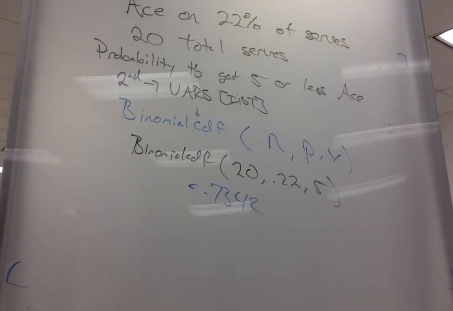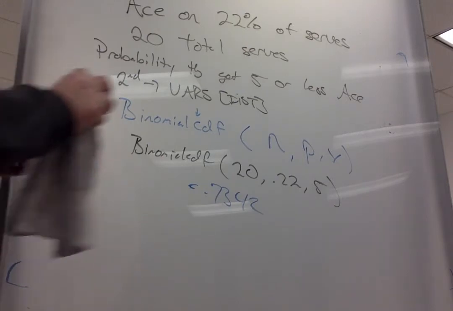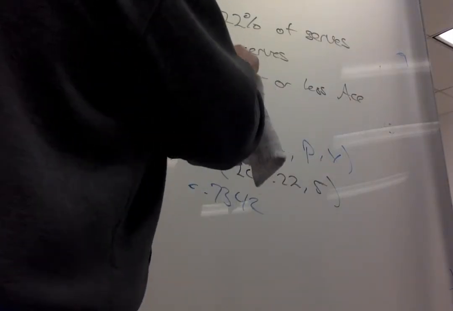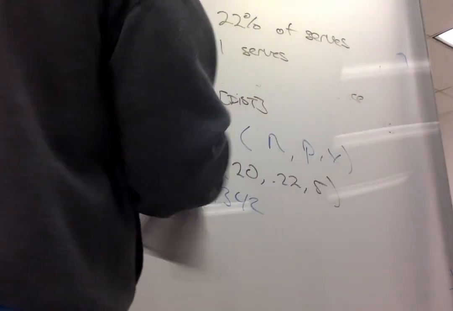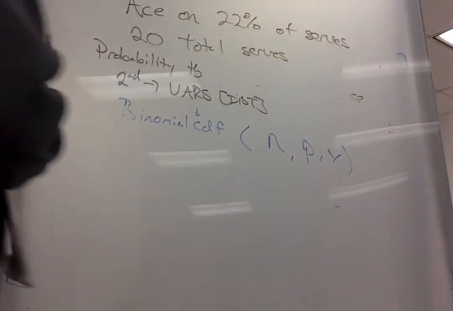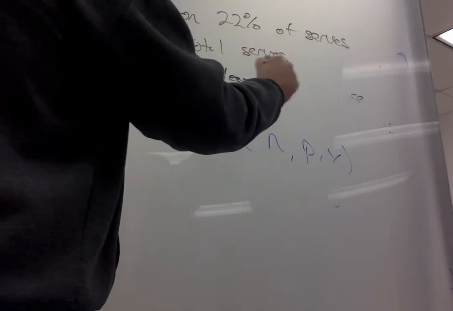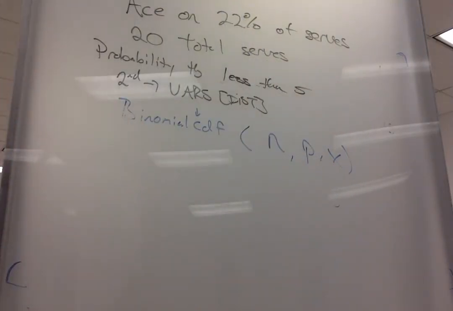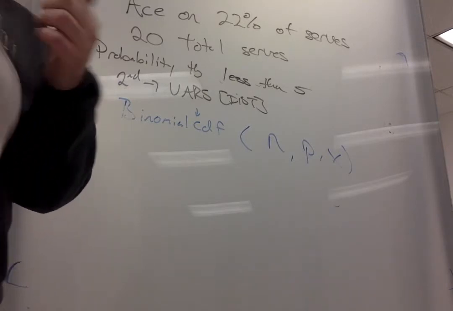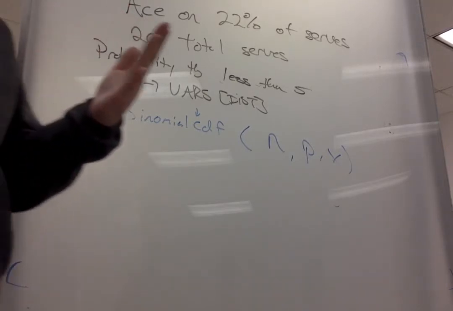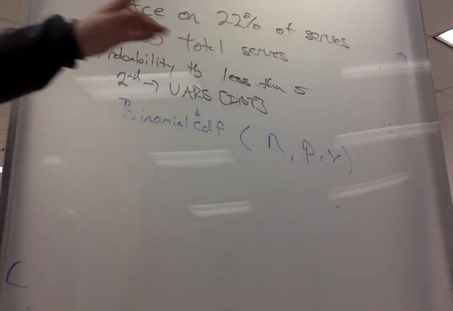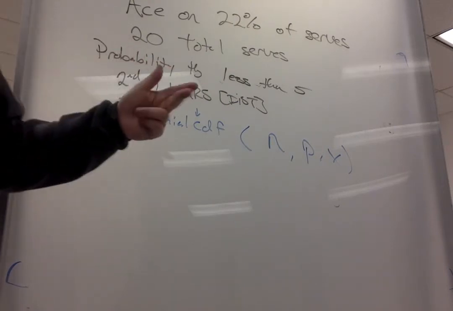What if it said instead of 5 or less, what's the probability that they get less than 5? Less than 5. Because the difference here, right? 5 or less means 5, 4, 3, 2, 1. Less than 5 means 4, 3, 2, 1.